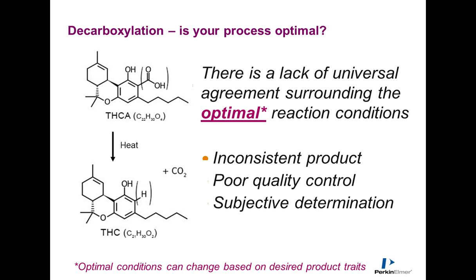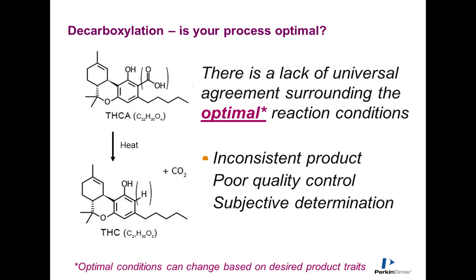And then a second application, which is becoming very popular in the extraction community, is monitoring the decarboxylation reaction of THCA to THC. We know that THCA is not utilized in the body as effectively as THC.